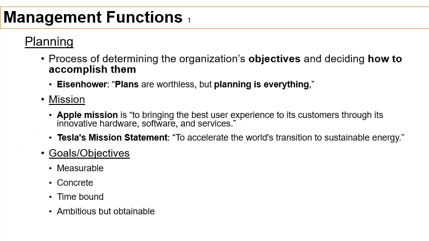Let's discuss in some more detail these management functions that we have mentioned before. So let's start with planning. So planning, as I have discussed before briefly, is essentially setting up the objectives that we're going to try to achieve as a firm.